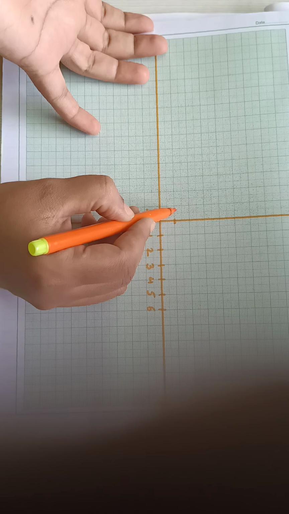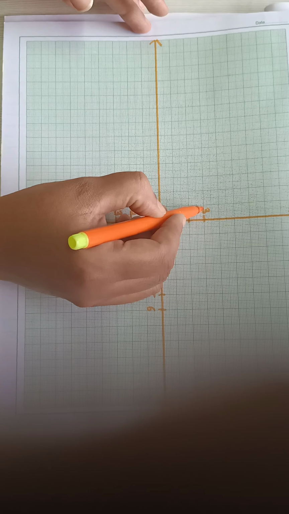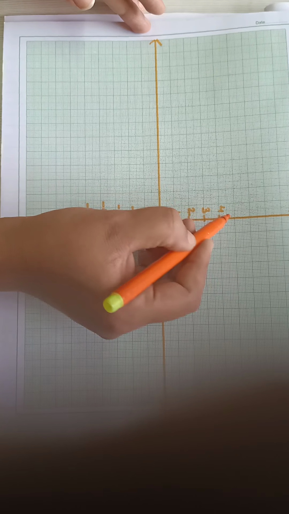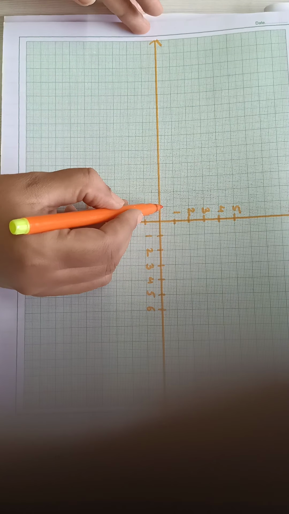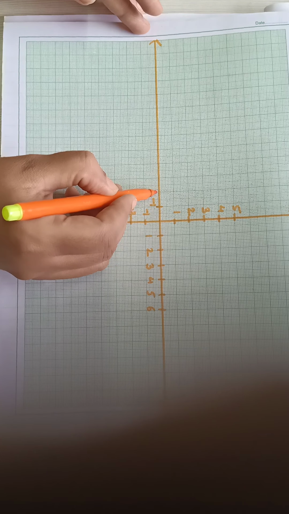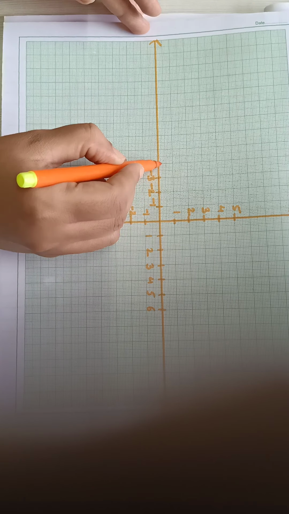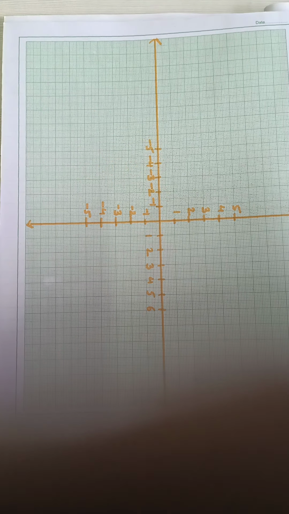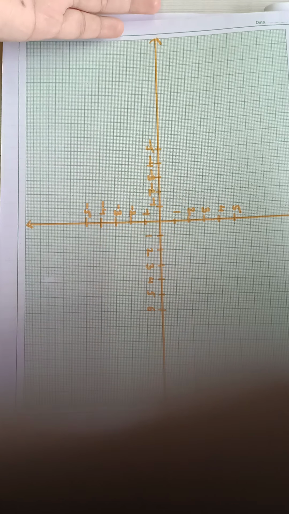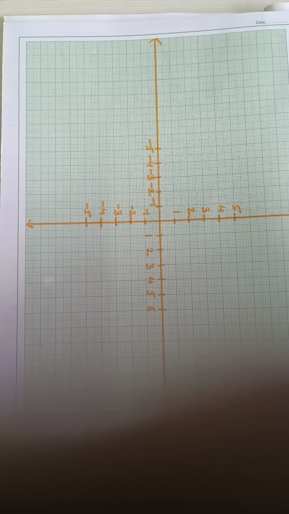Up we have 1, 2, 3, 4, 5 and so on, and on the left side we have minus 1, minus 2, minus 3, minus 4, minus 5 and so on. This is the negative x-axis, positive x-axis, positive y-axis, negative y-axis. Okay, now let's start plotting the points.